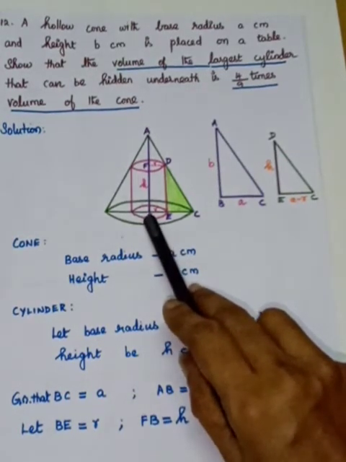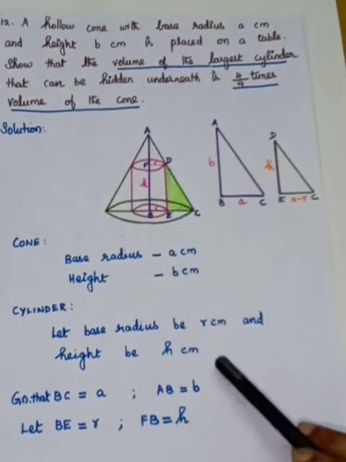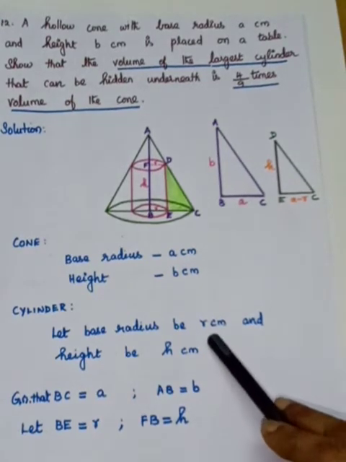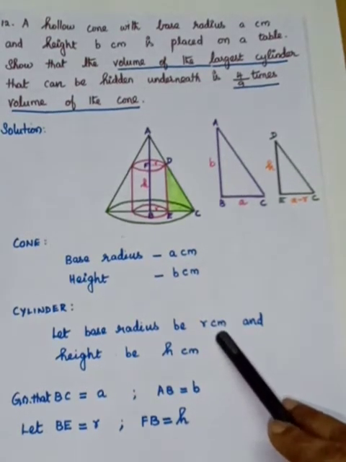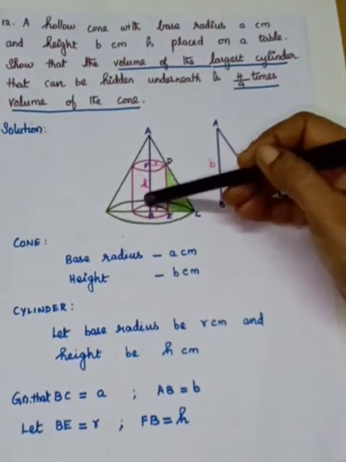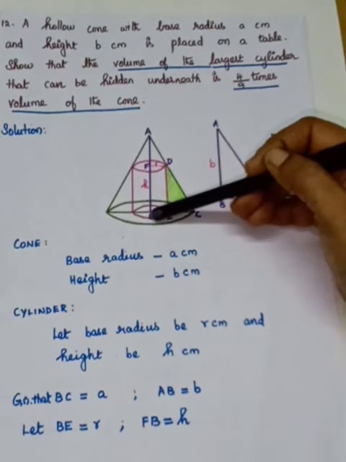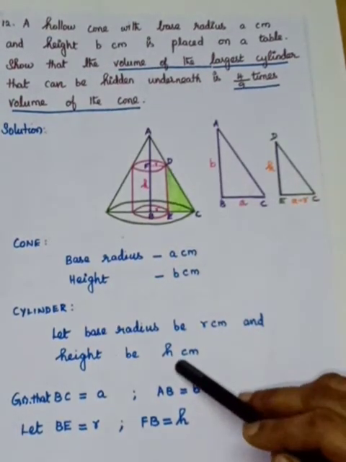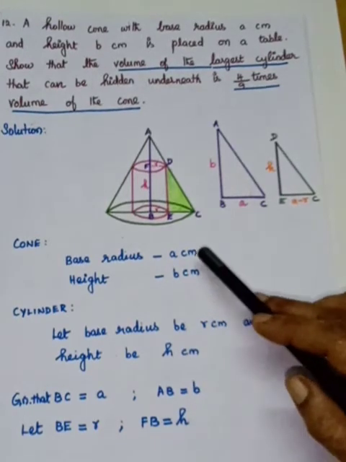We have taken BE equal to r centimeter because nothing is given about the cylinder. So we have to take the base radius of the cylinder as r centimeter, and the height of the cylinder, you see, BF or FB, that also we have to take as h centimeter. What is A?